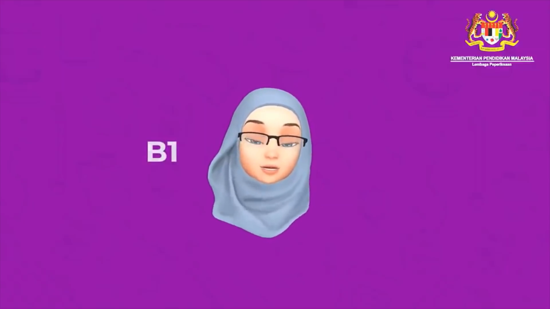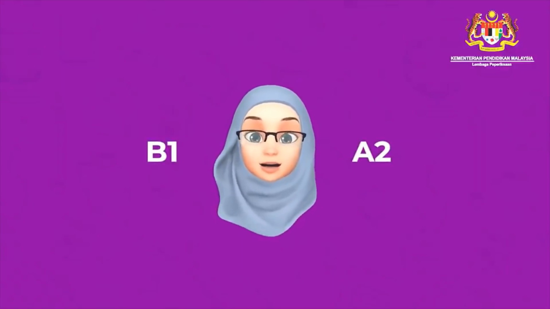For example, expressions for agreeing and disagreeing, language for turn-taking, expressions for opening and closing a discussion, as well as moving a discussion along. Now, let's look at the sample videos for Part 3. This video will show B1 and A2 candidates answering Part 3.